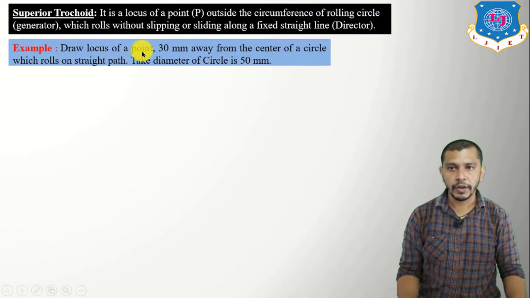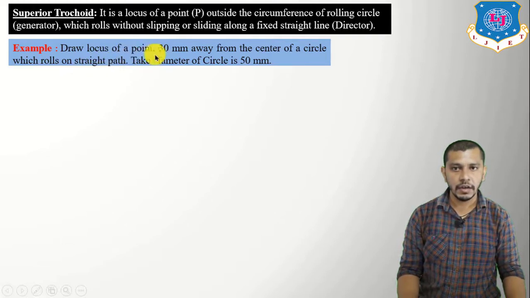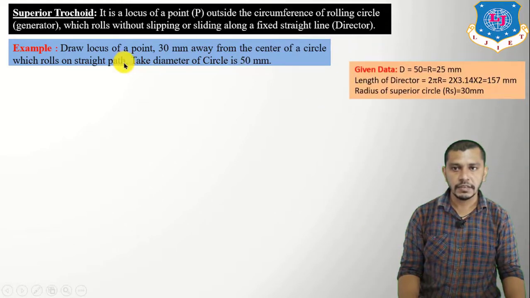So let's take the example. Draw a locus of a point 30 mm away from the center of a circle, known as the rolling circle, which rolls on a straight line path. Here we will again take the rotation of the circle for one revolution. Take the diameter of the circle as 50 mm. So the given data is radius of the circle is 25 mm because the diameter is 50 mm.